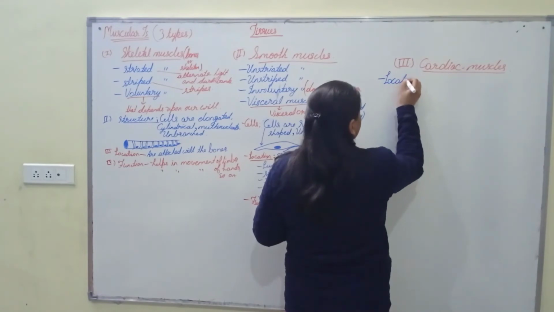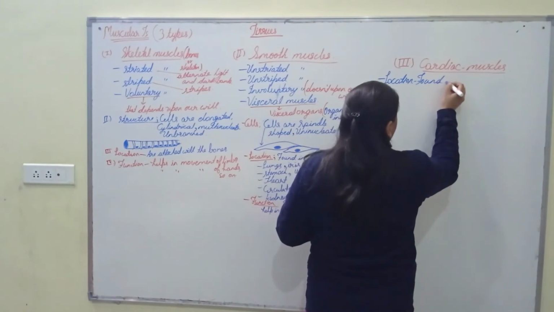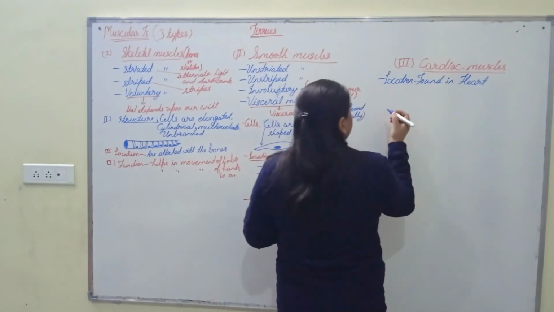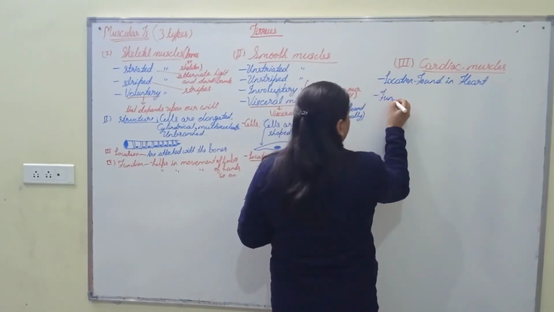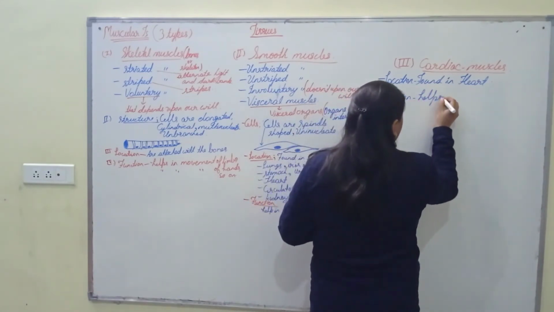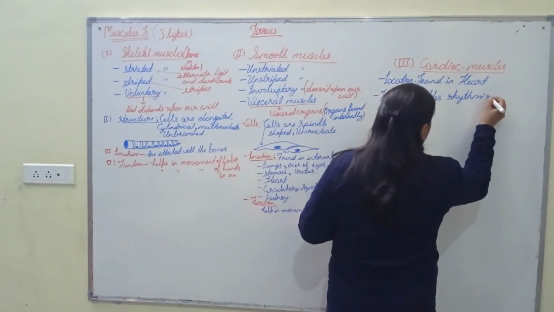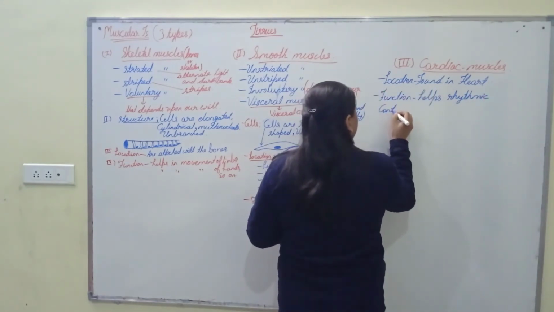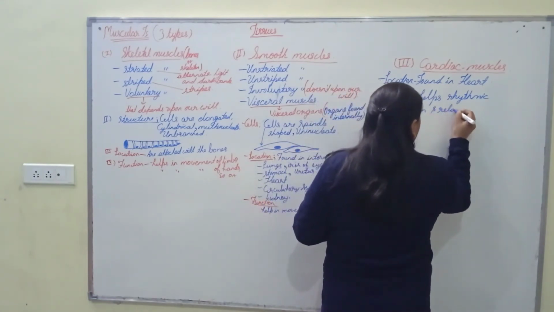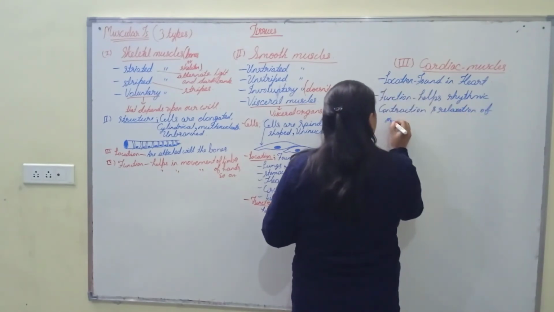If we talk about the location of cardiac muscles, they are found in the heart and help in rhythmic contraction and relaxation of muscles in the heart.